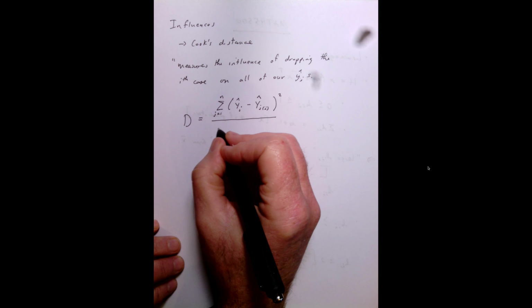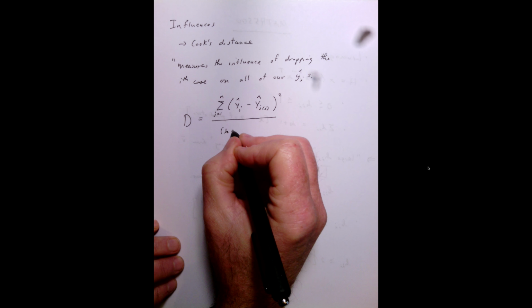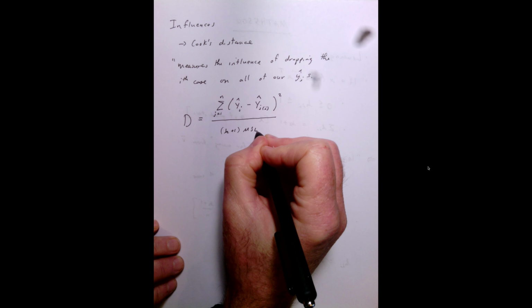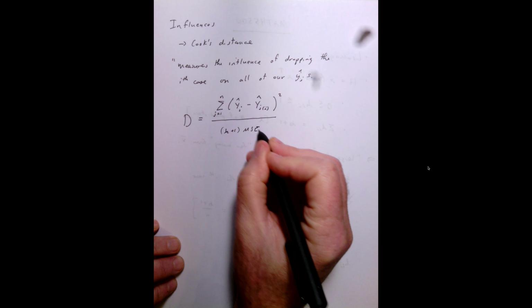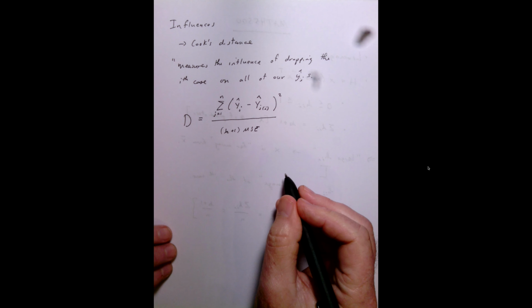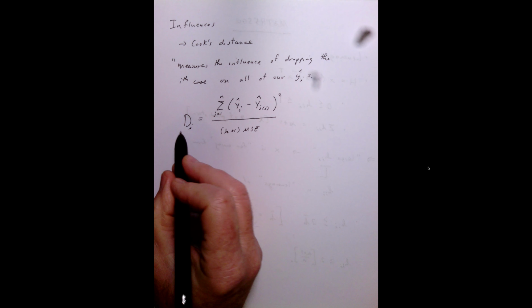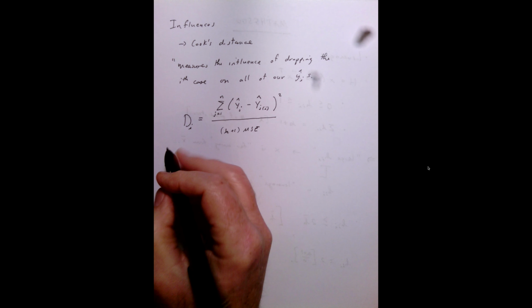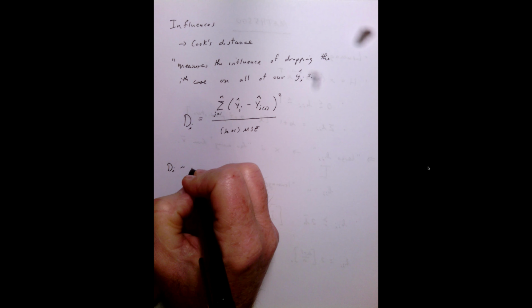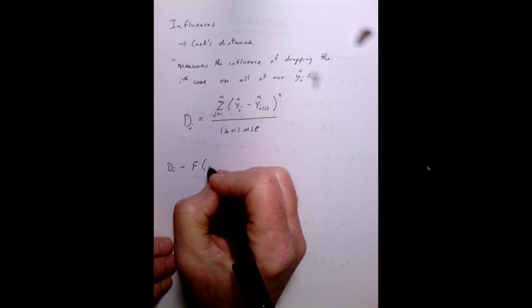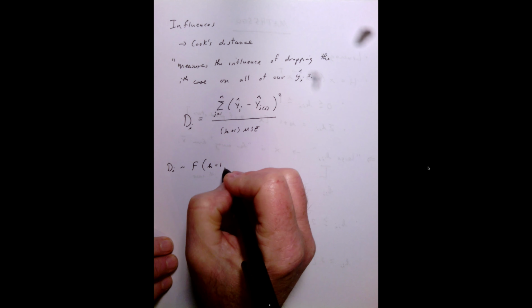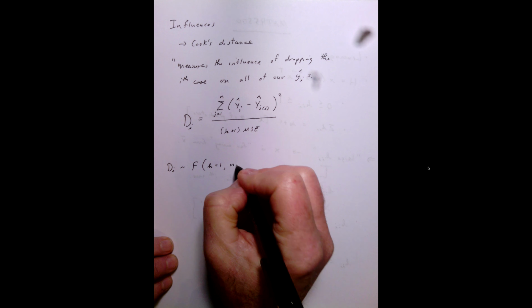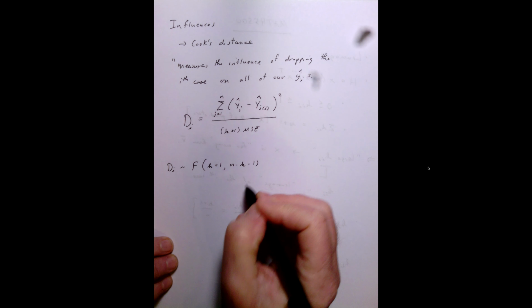The standard error here turns out to just be k plus 1 times the mean square error. And again, we have one of these d sub i's for each case. It turns out that these d sub i's follow an F distribution with degrees of freedom k plus 1 and n minus k minus 1.